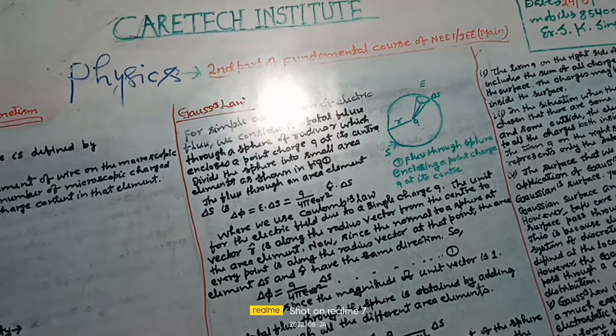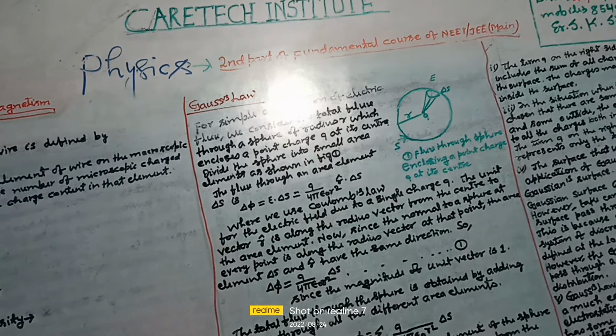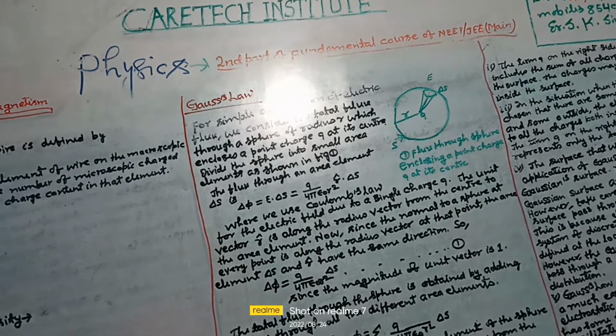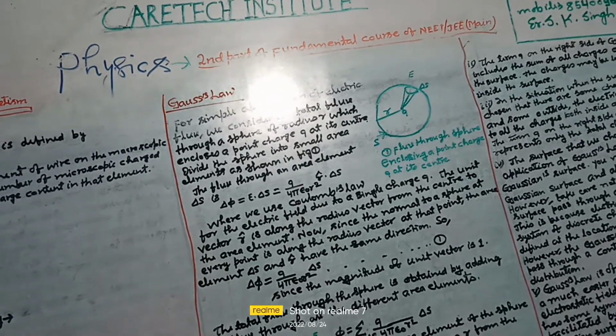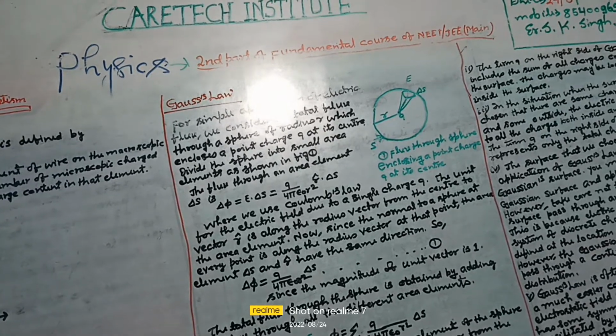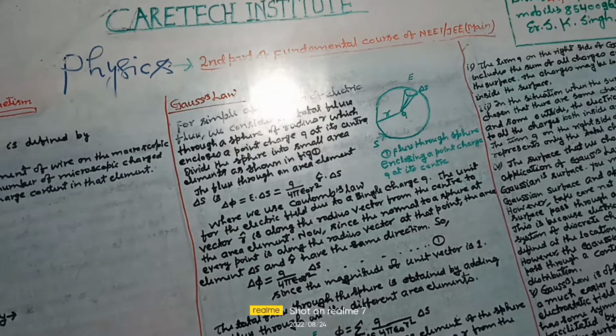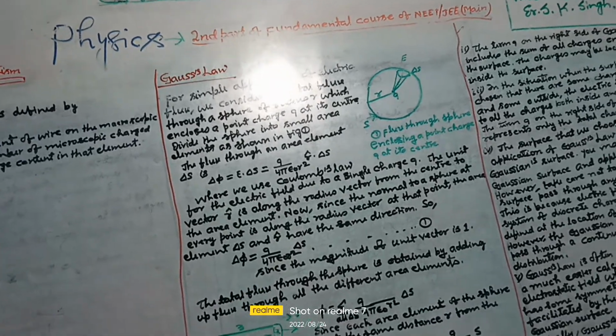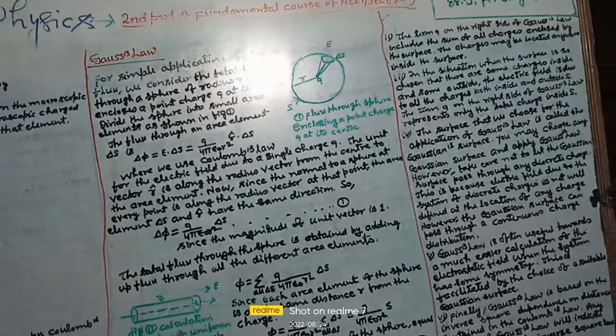For a simple application of electric flux, we consider the total flux through a sphere of radius R which encloses a point charge Q at its center. Divide the sphere into small area elements as shown in the figure.